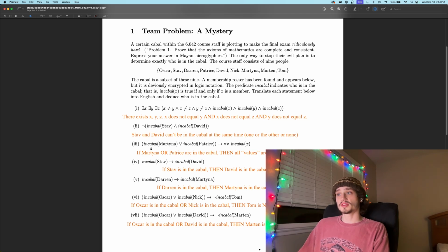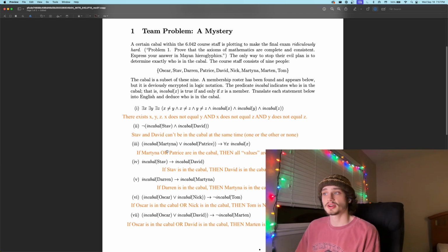Number 3, in our parentheses, Martina or Patrice are in the cabal. We are met with our first implication, which is identified by this arrow. If left side, then right side. If Martina or Patrice are in the cabal, then for all the values, which is this symbol, for all the values of X, in cabal X. This just means that if Martina or Patrice are in the cabal, then every value provided in the set is also in the cabal.